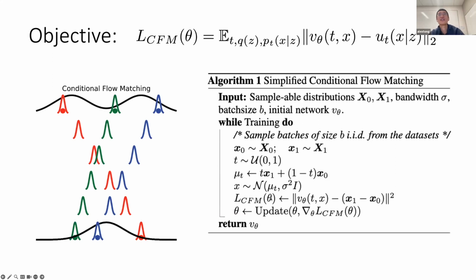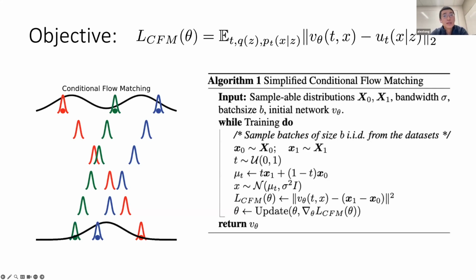And you do this until you're done. Then you get these nice flows, where the conditional flows are small tubes. It seems to work pretty well. But you don't know what the marginal flow is going to be between these two distributions, though you do know the conditional ones are OT.